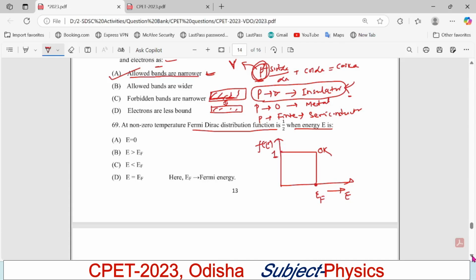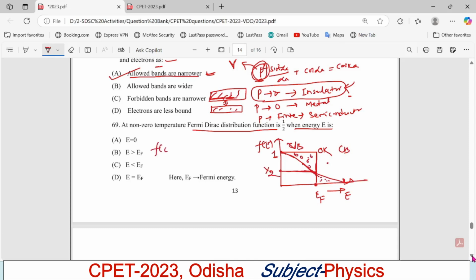At non-zero temperature, this value is half. That means if I increase the temperature, the curve will be like this. This is the valence band, and this side is the conduction band. If I increase the temperature, electrons will move to this side, and corresponding holes will be created in the valence band.